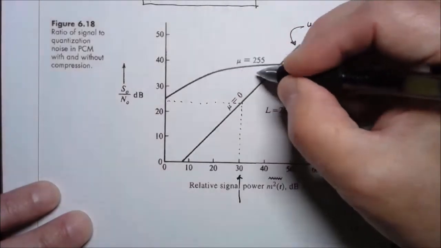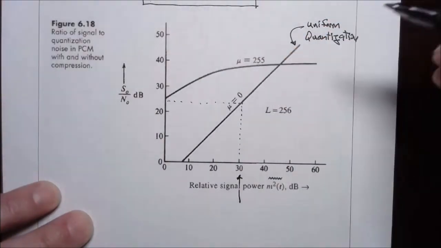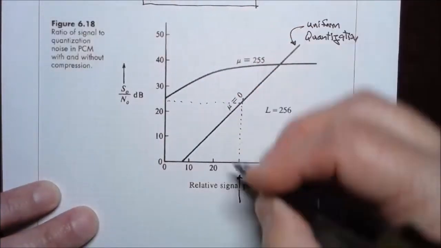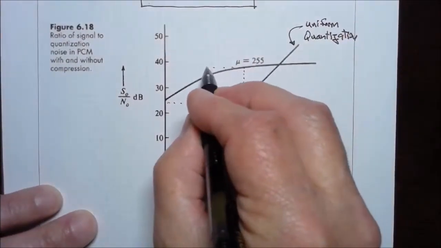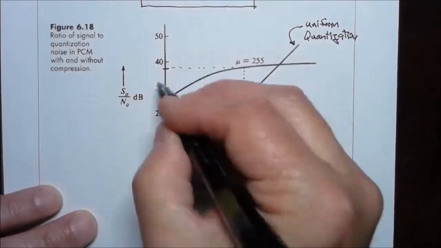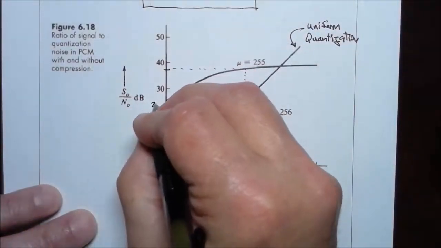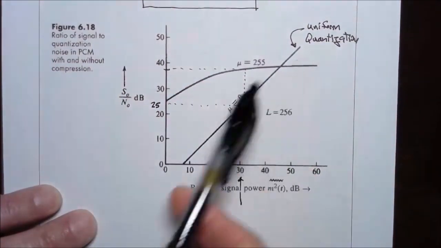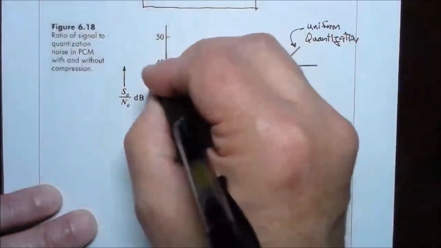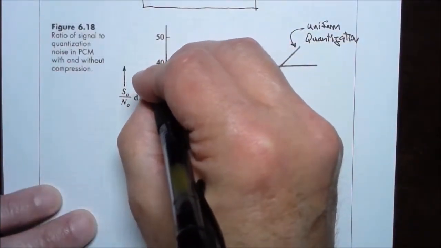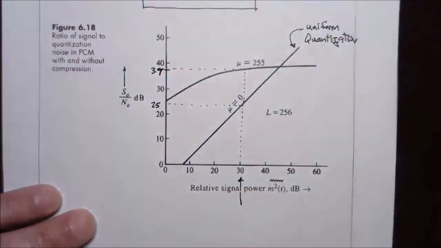If we used a mu law compressor with a mu value of 255, that same input signal would give a signal to noise ratio of, let's call that, 37 decibels. So with uniform quantization we get 25 decibels. With the mu law compander we get, let's call it, 37 decibels. I'm just eyeballing it.